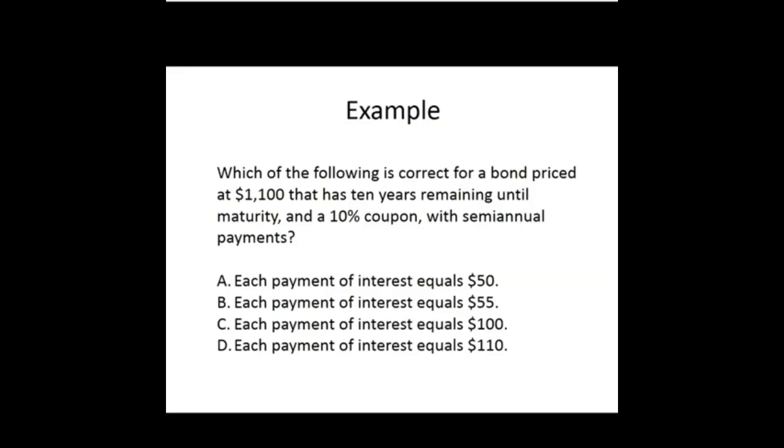The interest payment, the coupon payment, is a function of the coupon rate and the par value of the bond. So the par value of the bond is $1,000, and 10% of $1,000 means the bond pays $100 per year in interest, but this is divided between 2 semi-annual payments of $50 each.